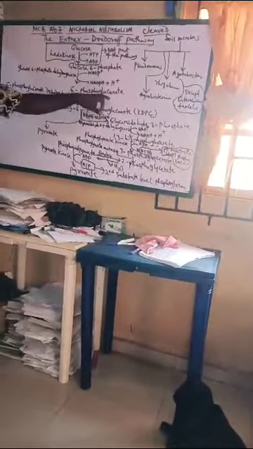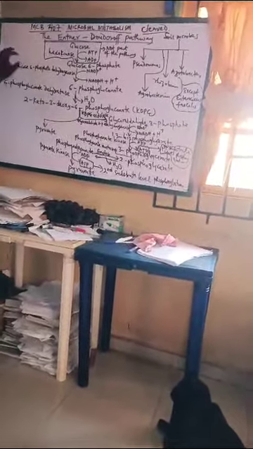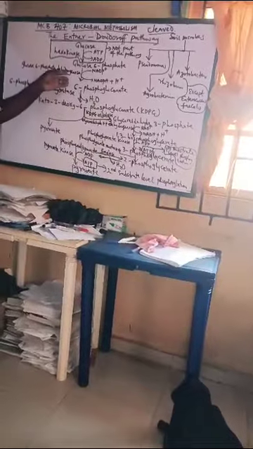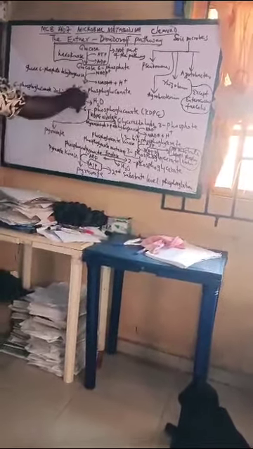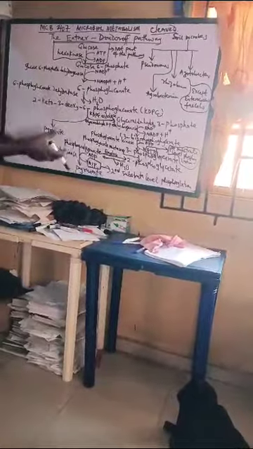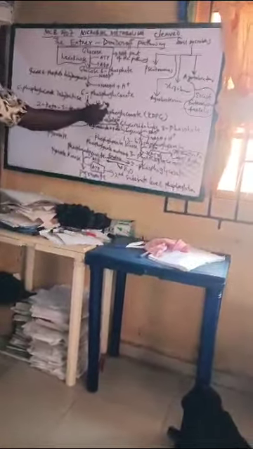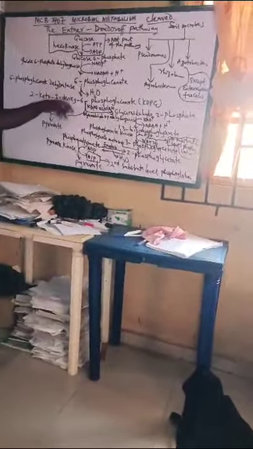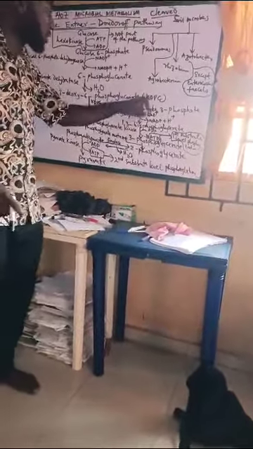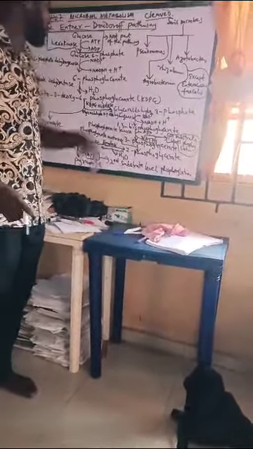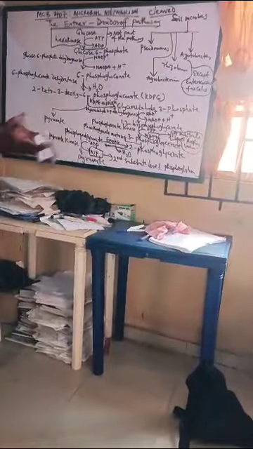converted to 6-phosphogluconate by the enzyme glucose 6-phosphate dehydrogenase with the release of NADPH. Now this 6-phosphogluconate will be dehydrated. When we say dehydration, removal of what? Water. By 6-phosphogluconate dehydratase to give you what? 2-keto-3-deoxy-6-phosphogluconate, also known as keto-deoxyphosphogluconate, or you call it KDPG.